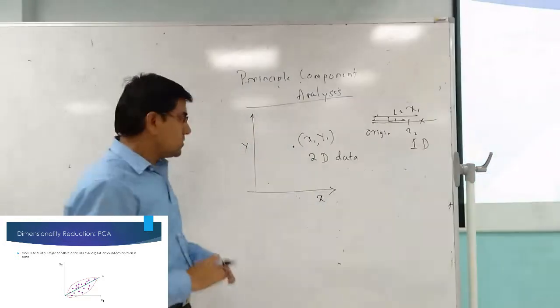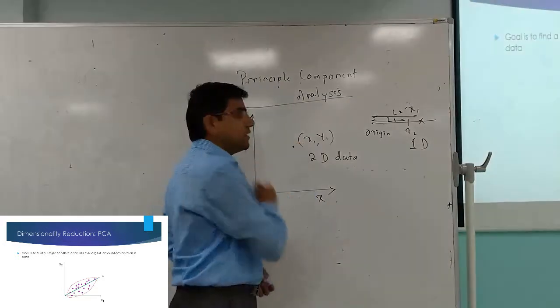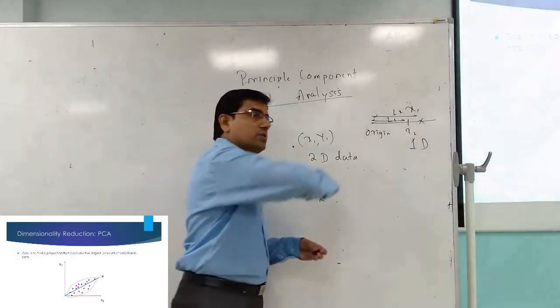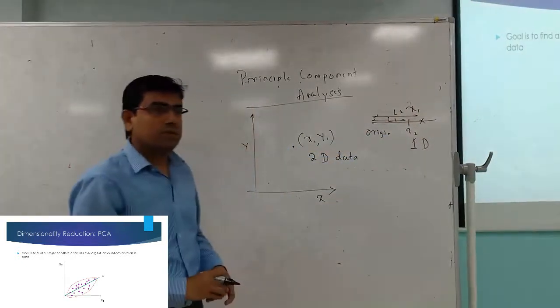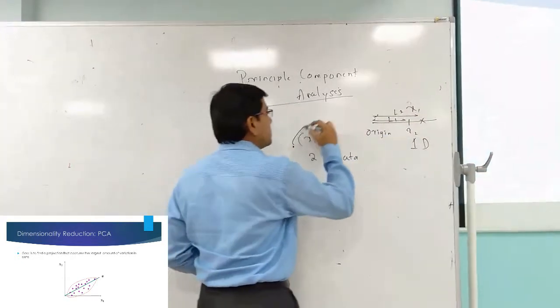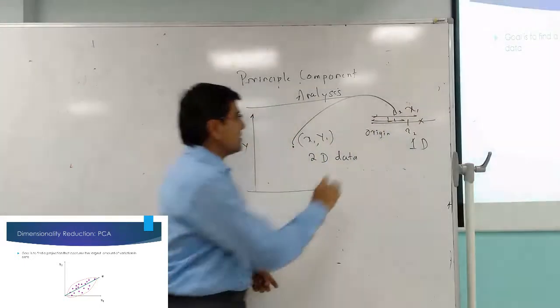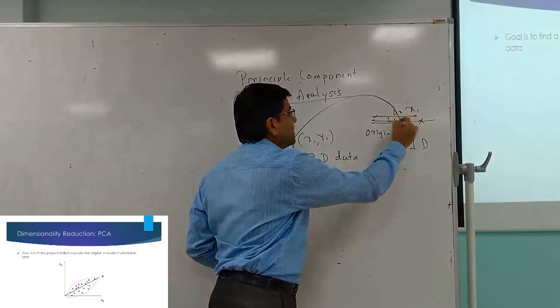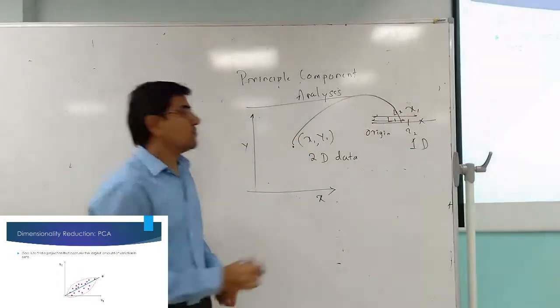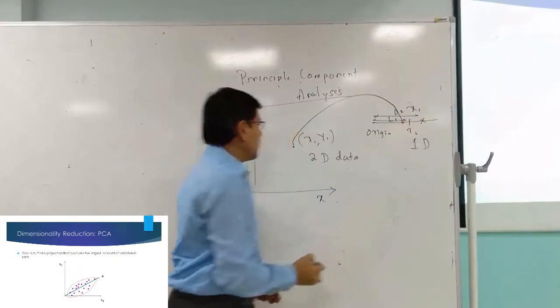Suppose I map this data from two dimensions to a single dimension, on any of these lines. Say a line is present here and I map onto it.